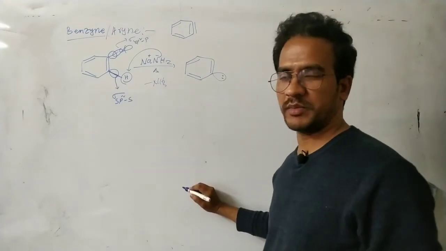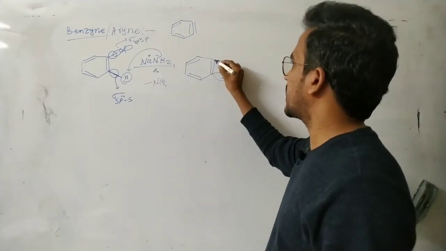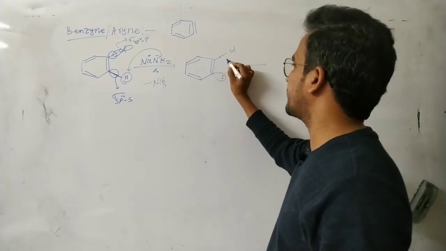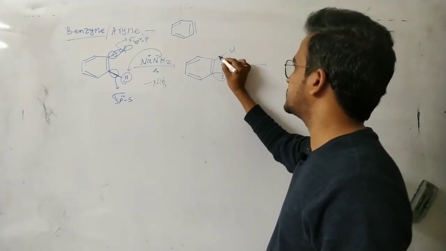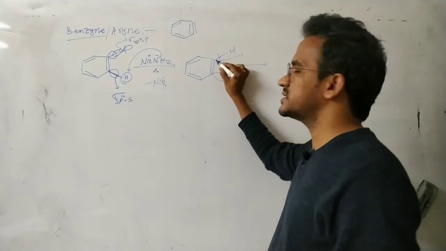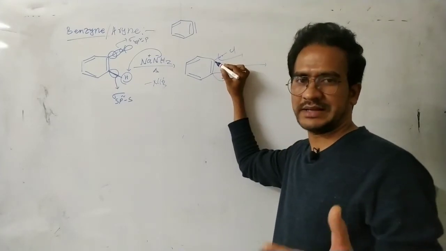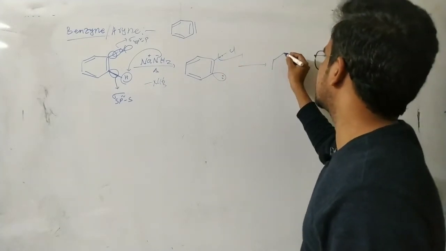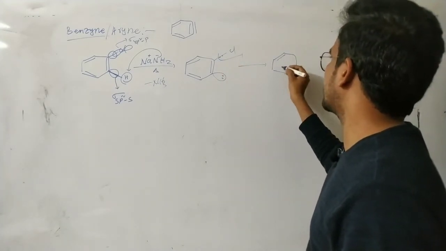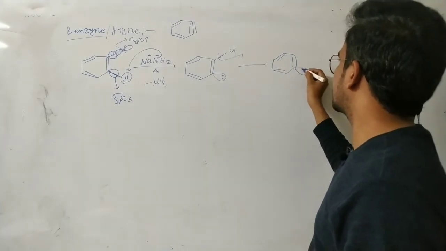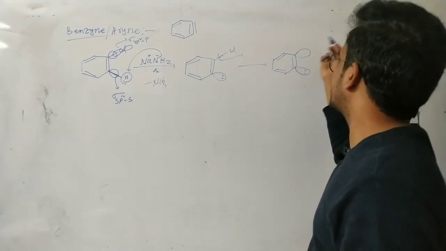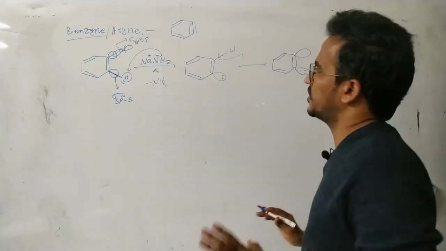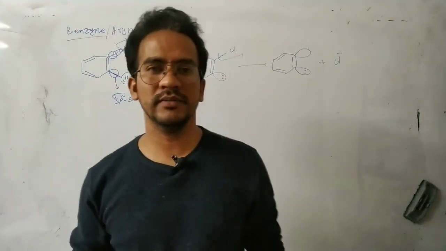And here this Cl. Now further, this Cl minus leaves, then this carbon loses its electrons, so the carbon gains a positive charge. That means this sp2 hybrid orbital becomes positive, and Cl minus with Na plus gives NaCl.